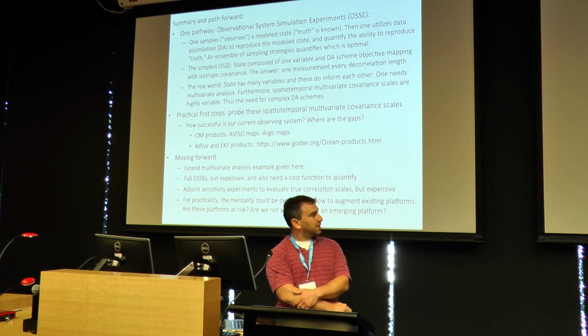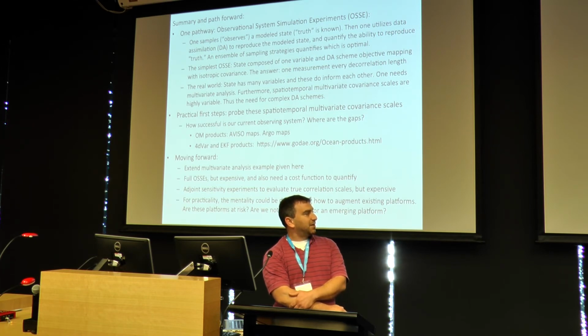So, as I said, full OSSEs are expensive, and also you do want to quantify things. You do want to know how much you know, and so you do want to have accuracy requirements. The adjoint sensitivity experiments give you the true correlation scales, but they're also expensive. And I say true, but it's model physics, it's discretized, and there are obviously issues in things like the mixed layer and turbulent regions.